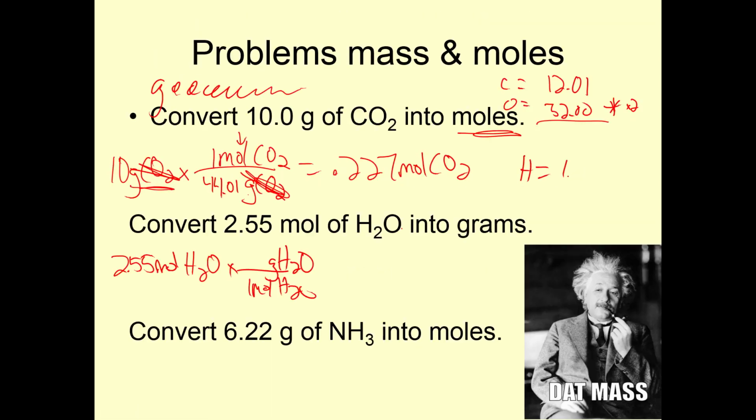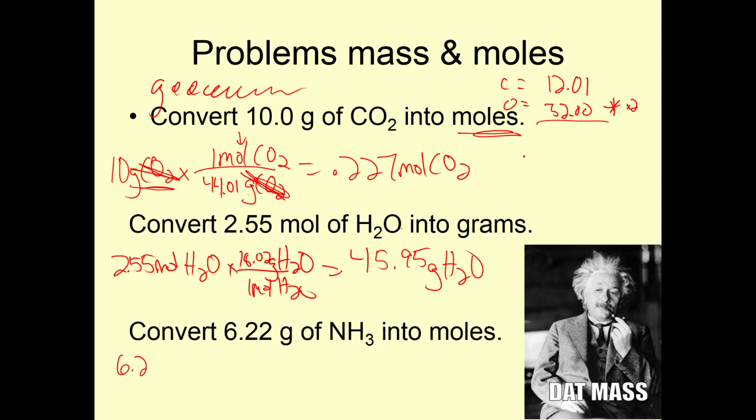Hydrogen is 1.01 times 2, and oxygen is 16.00 times 1. So that's going to be 18.02. So 2.55 times 18.02 is 45.95 grams of water.